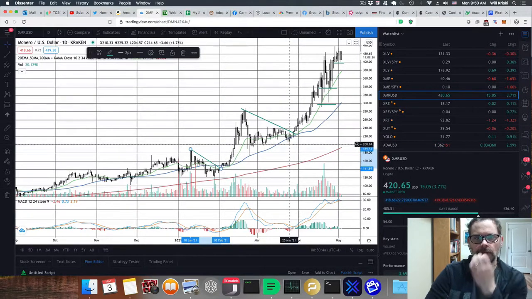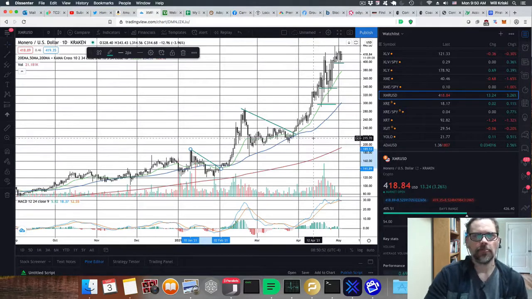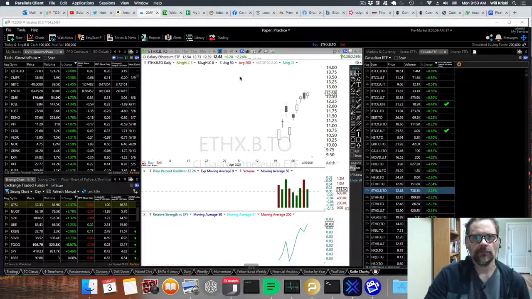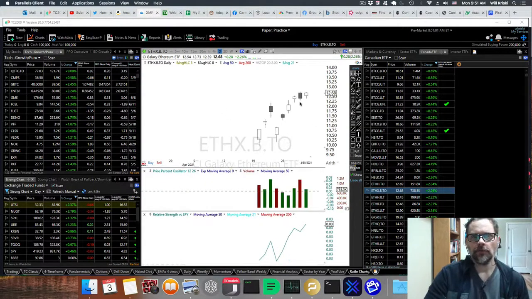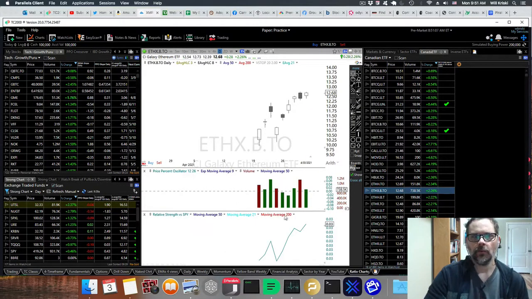So I just thought I'd point out interesting ways when you have these low points that you can use those as your stop. And obviously with crypto, you're going to have more volatility, so you might have to widen those out. You don't have to put actual stops, these can be alerts that you set. And that's what I like about TC2000. You can either draw a line and right click and set an alert at a price, or when it crosses a certain moving average.